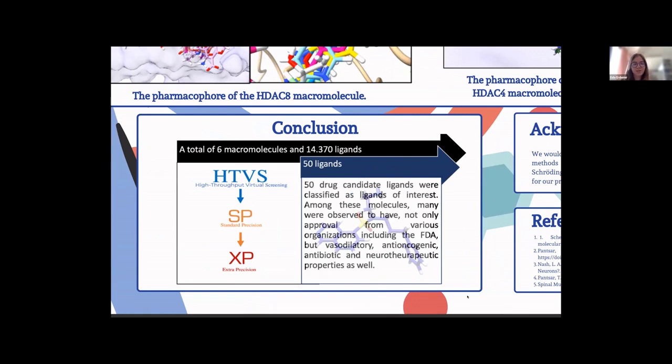So in our study, a total of 6 macromolecules and 14,370 molecules from the derived ligand databases were subjected to virtual screening processes. The final virtual screening trials carried out on Schrödinger Maestro software have yielded 19, 17, and 14 potential drug molecules for the RORC, HDAC, and ubiquitin proteasome biological mechanisms, respectively.